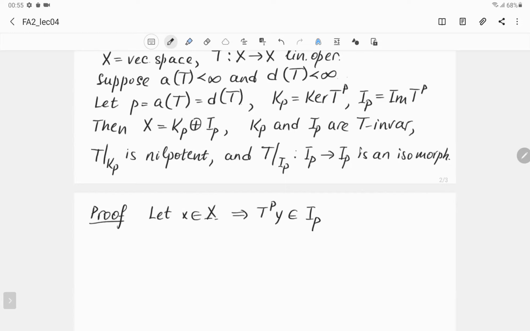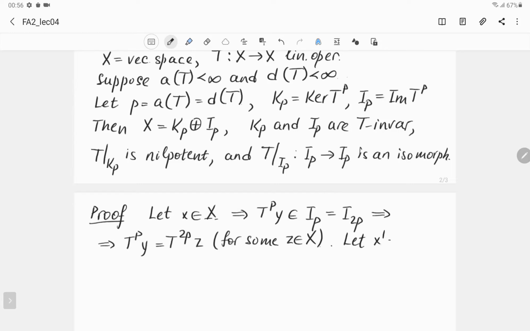But since P is the descent of T, Ip equals I2p. And so we can write this element as T to the power 2P of Z for some element Z in our space. And now let's introduce a new element X prime, which is T to the power P of Z. So let's draw a picture which explains this construction.